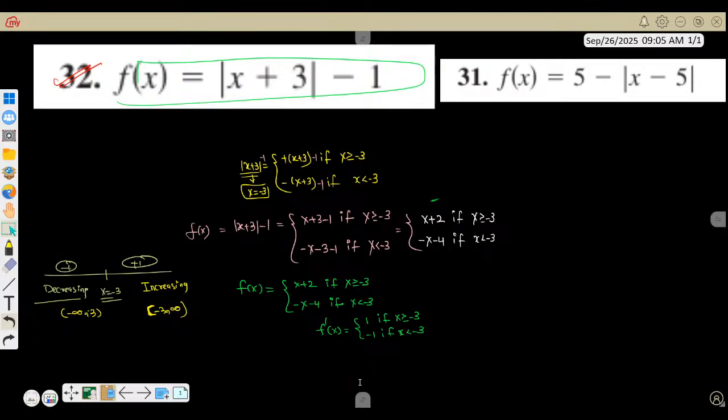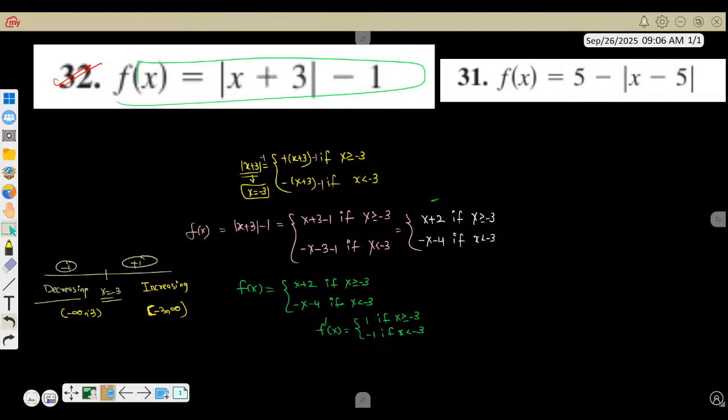Try your best. So first of all, make a piecewise function, okay?